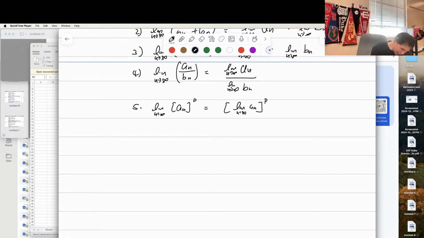Now I want to show you examples of convergent or divergent sequences. So first one, what do you think of this one? (-1)^n.